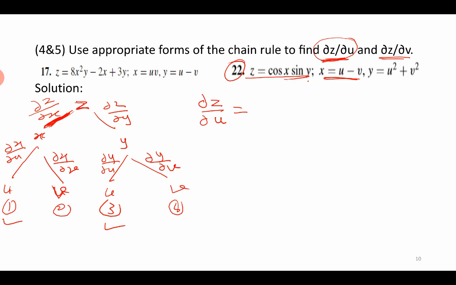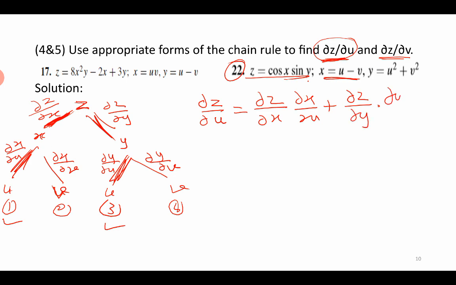Use the first and third branches for the first formula. What is it? Dou z by dou x into dou x by dou u, plus dou z by dou y into dou y by dou u, where we are ending with u, isn't it? So this is the formula for the first case. So let's write it.